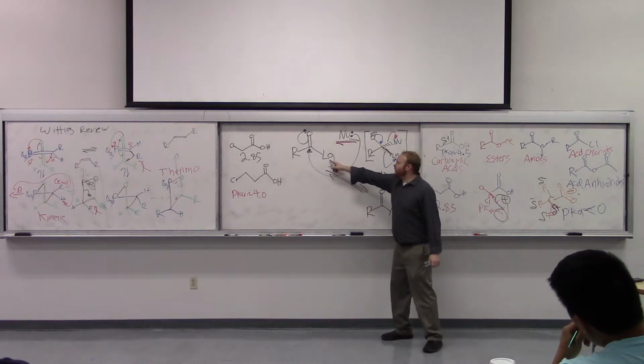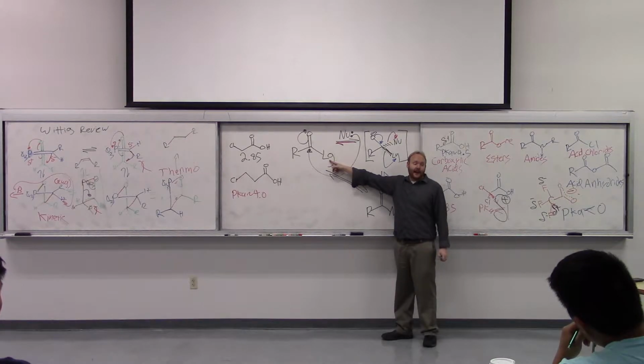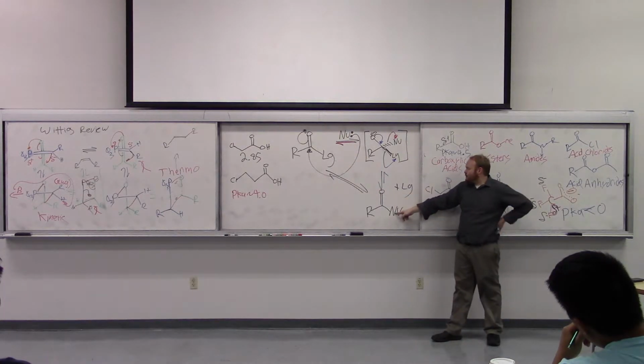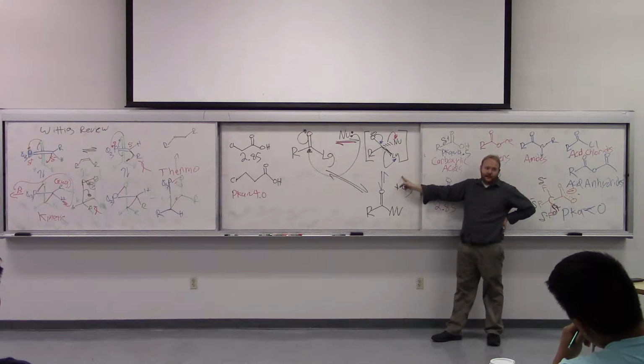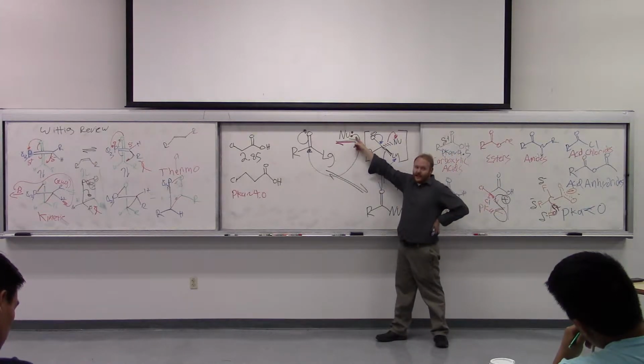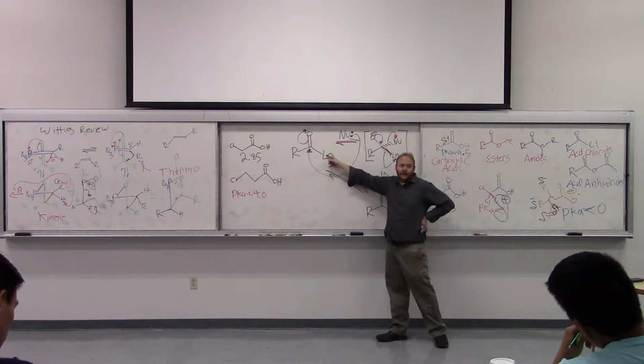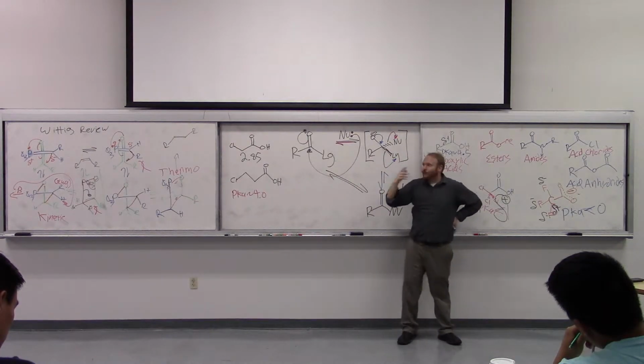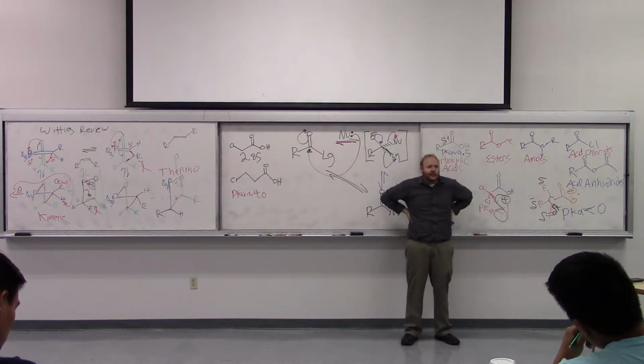So if the leaving group has a lower pKa, meaning its conjugate base is more stable than the nucleophile, then the equilibrium is going to side towards this product because the leaving group is more stable than the nucleophile, so we're favoring that. However, if the nucleophile is more stable than the leaving group, then it will favor the starting material. Because why would the nucleophile do something to give a less stable product?